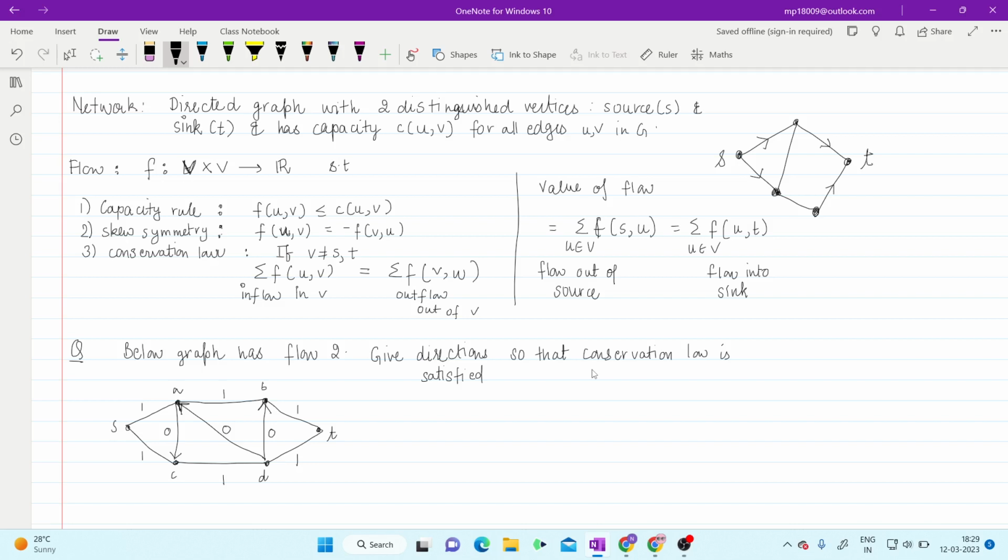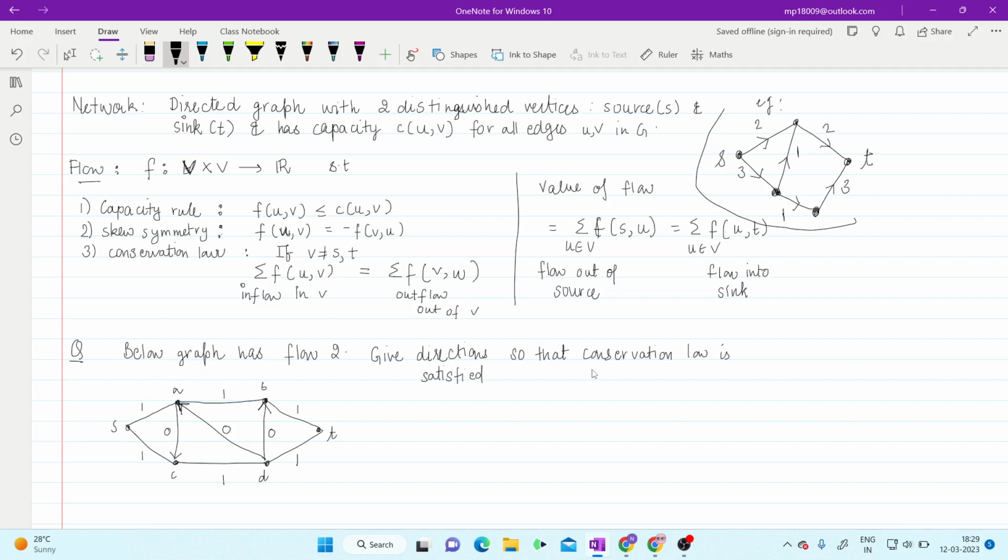By source vertex we mean all the edges are going out of the source, and for the sink, all the edges are coming into the sink. Moreover, all edges have some capacity. So this is an example of a network.